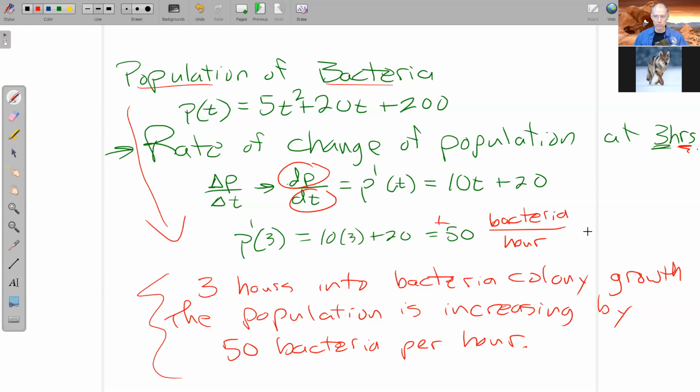What does this change in bacteria tell us? Anytime you have a situational problem, think about what the number we calculated means. And I'll try to emphasize that with a sentence when we do this. All right, so I think those are the main things you might have a problem on.